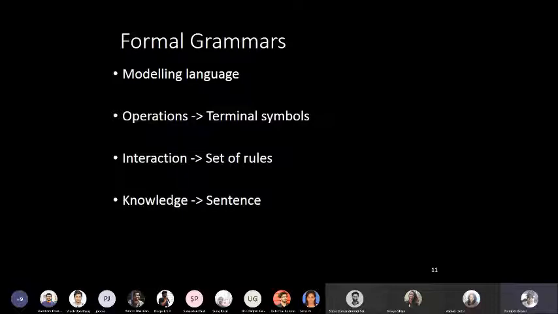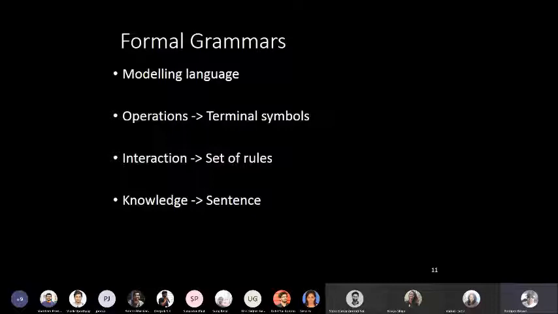A very similar approach was taken to model HCI tasks also. Like the previous KLM operations, such as moving the mouse pointer, clicking on an icon, or pressing a particular key on the keyboard, we can model these as operators or terminal symbols like A B C D E F G H. Then the human computer interaction task can be defined as a set of rules: what you can do with the mouse pointer, what you can achieve by clicking. In Windows you can left click, right click, and double click.